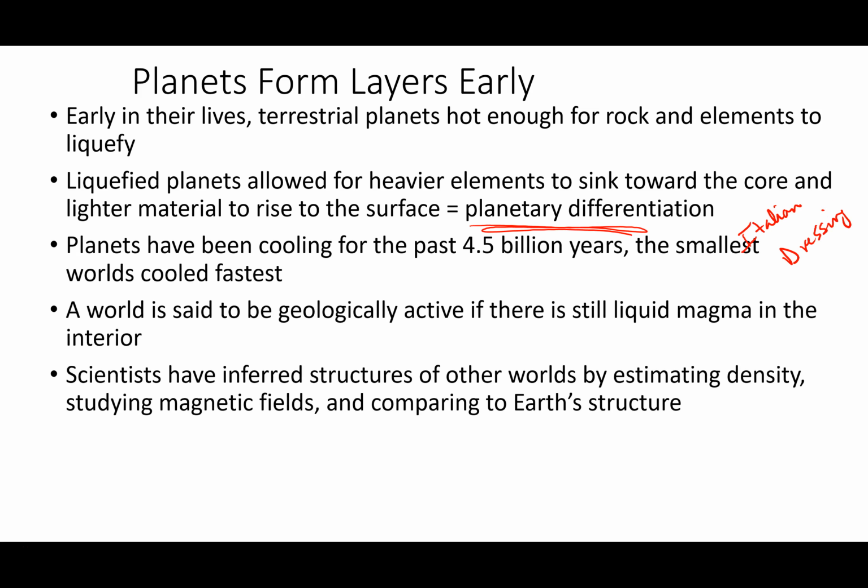It's totally planetary differentiation, because Italian salad dressing has your oil and your water and vinegar. Now, vinegar and water will mix. They're miscible. But oil and water and vinegar do not mix. Does oil float or sink? It floats.